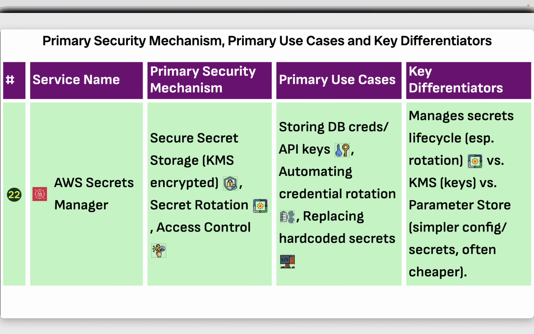Or, this is a very popular question, compared to Parameter Store, which is for simpler configuration and often cheaper, but it does not have rotation. So Parameter Store can also be utilized, but it's simpler and there is no built-in rotation feature.